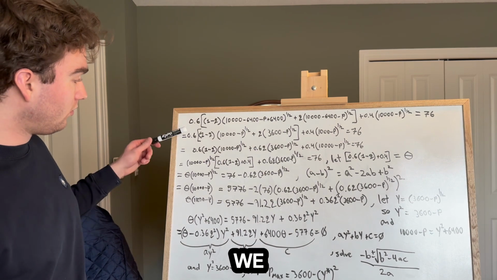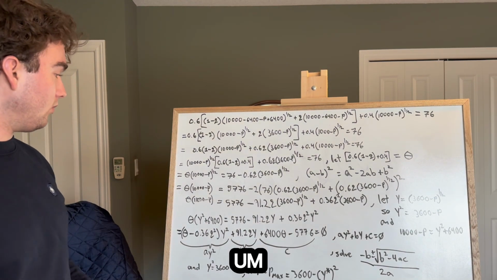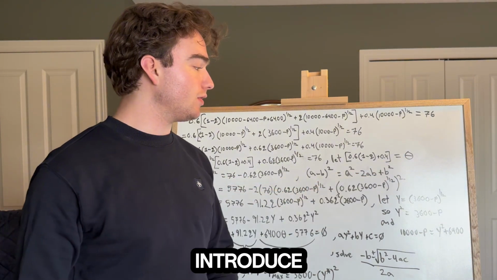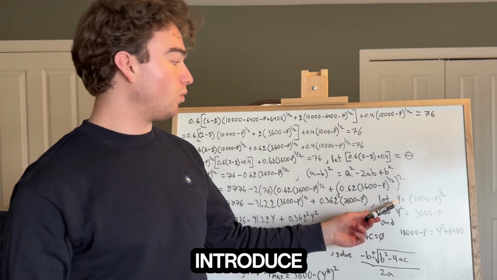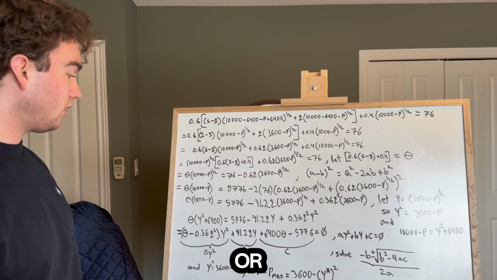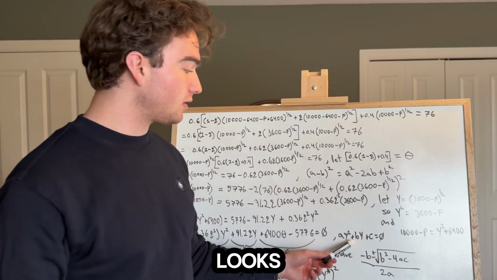So, we are taking steps to make it more simple. We introduce theta, and then we introduce y. We insert y, or we rewrite the equation so it looks quadratic.